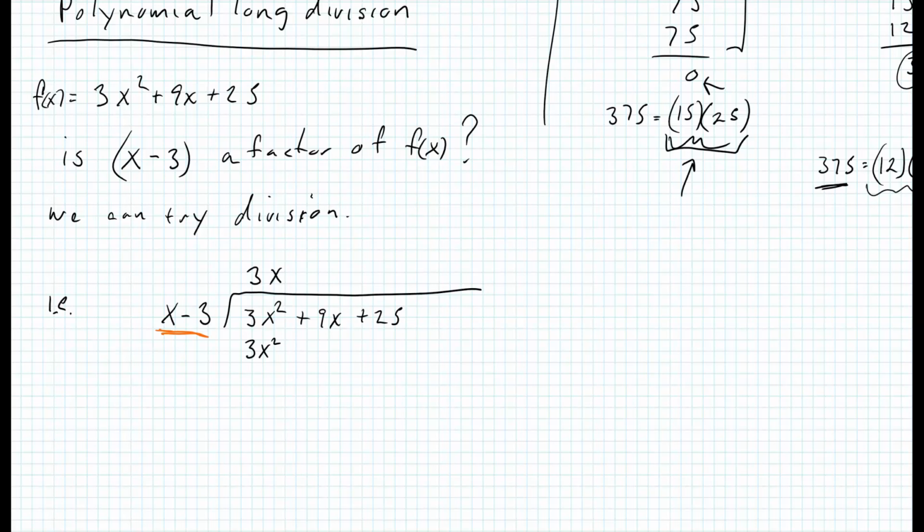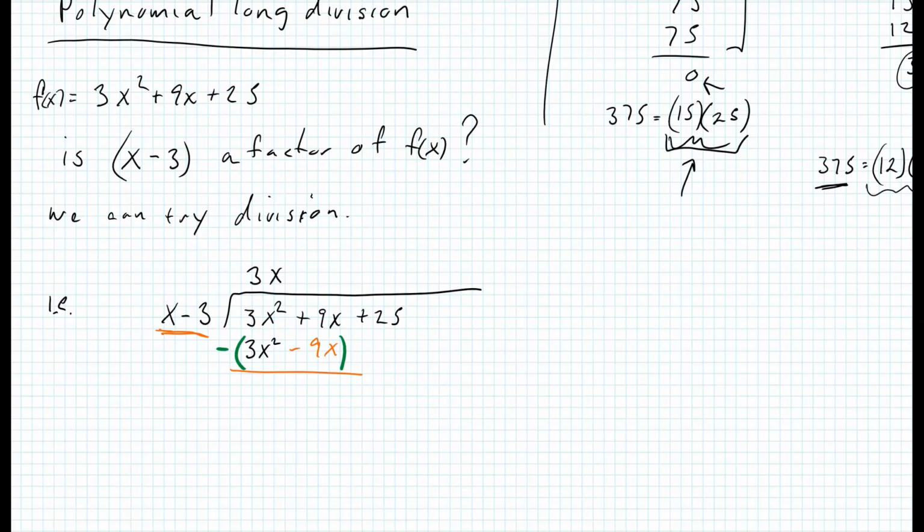If I do that, I get 3x times x, that gives me 3x squared. And I have 3x times minus 3, which is minus 9x. Sorry, there's a color scheme problem here, but hopefully that's not confusing. Now I want to subtract this from my polynomial.